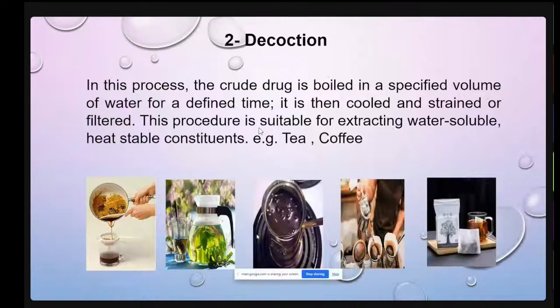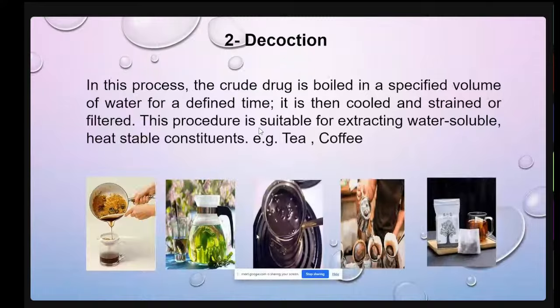The second type is decoction. In this process the crude drug is boiled in a specific volume of water for a defined time. For example, tea and coffee infused with boiling water is a type of decoction.